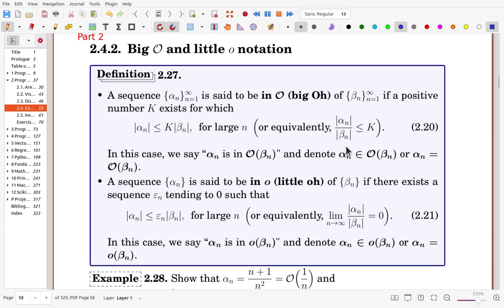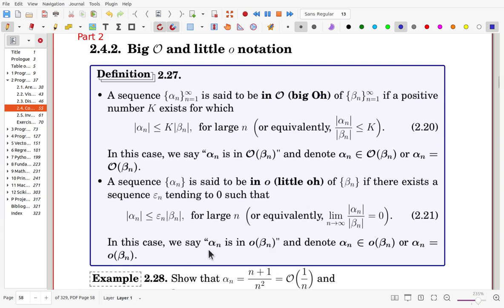If it goes to infinity, it is bounded by k times the increasing speed, so they are both increasing at more or less the same order, but in this case alpha n is slower.